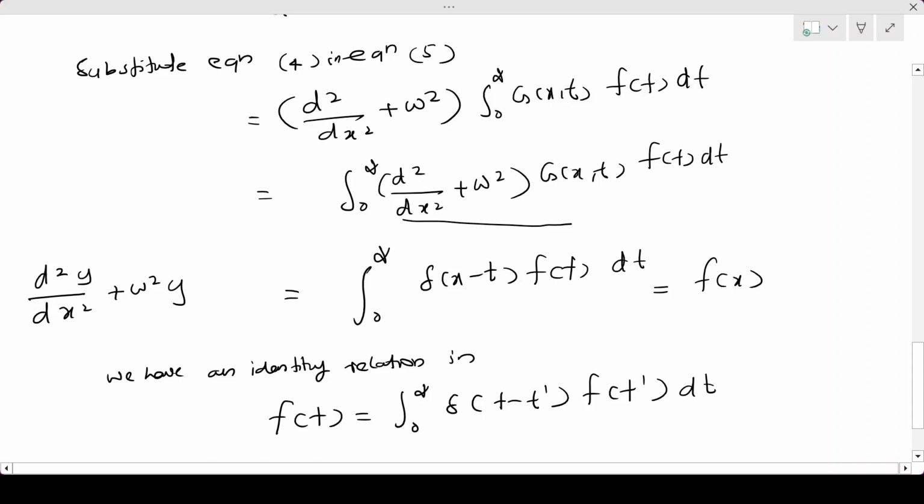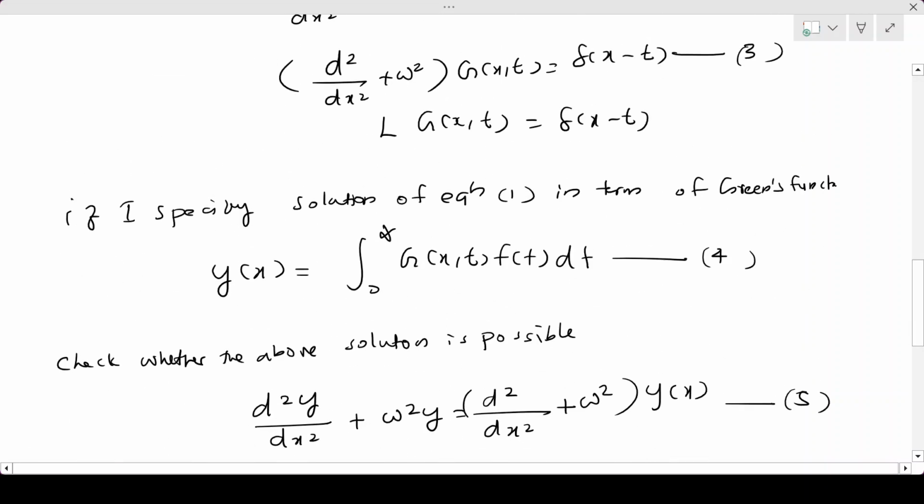So if you consider this relation, let me just give it as equation number 6, by using that we'll get the solution as d square y by dx square plus omega square y is equal to f of x.